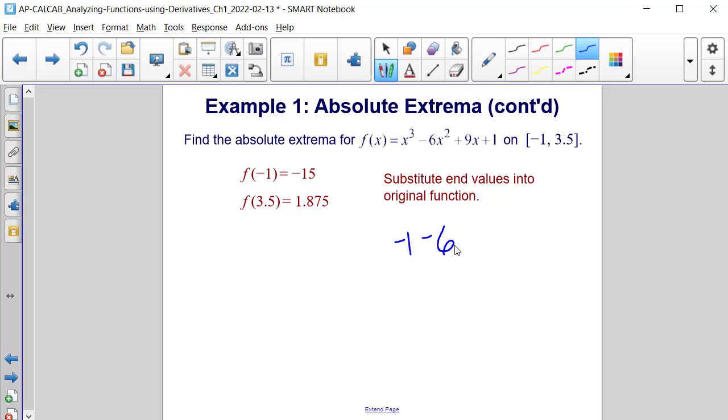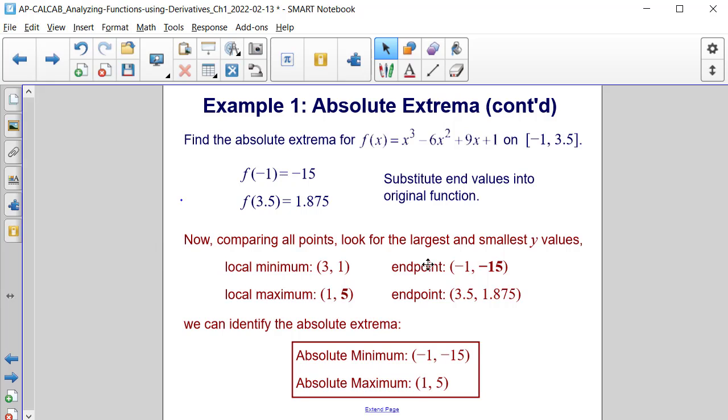That's going to be +1, so -6, plus 9 times -1 will be -9, plus 1, and we will end up getting -15 for the function evaluated at -1. And now we have to do the function evaluated at 3.5 or 7/2. And if we evaluate that, we'll end up getting 1 7/8, or 1.875.